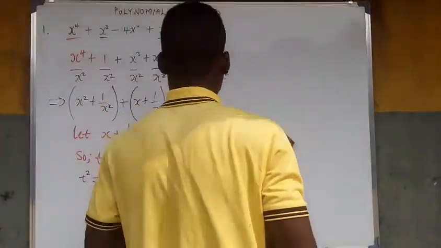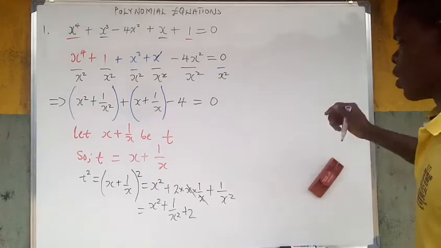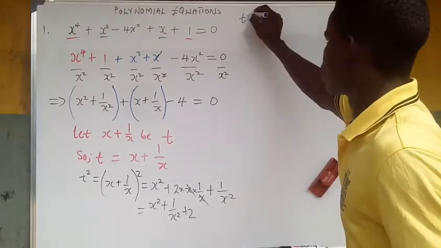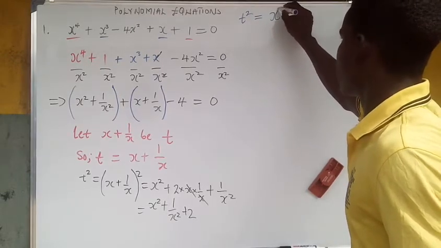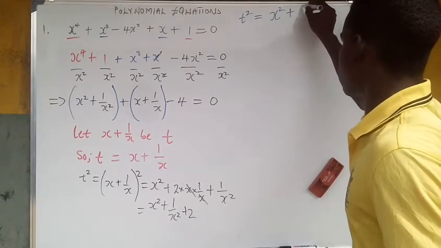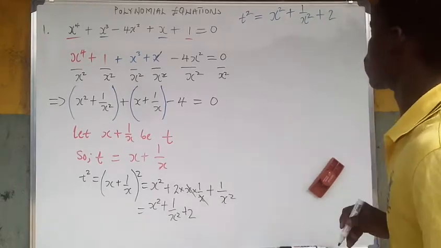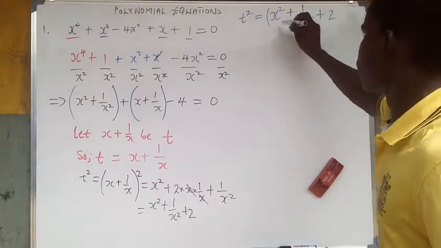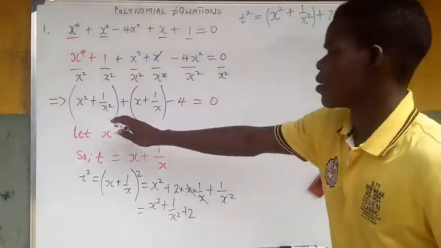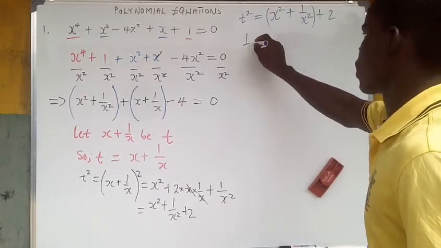So we can make a statement by saying that t squared is equal to x squared plus 1 over x squared plus 2. So if t squared is this, then what is x squared plus 1 over x squared?